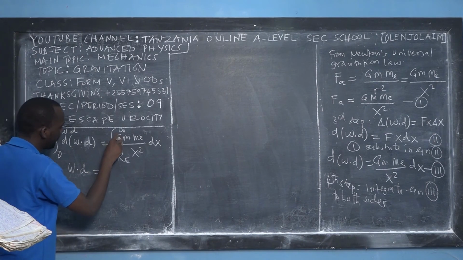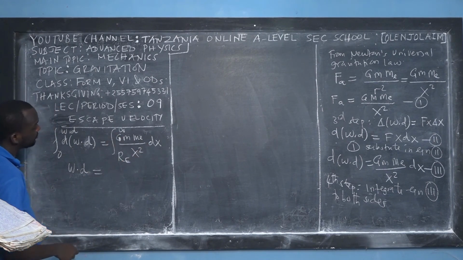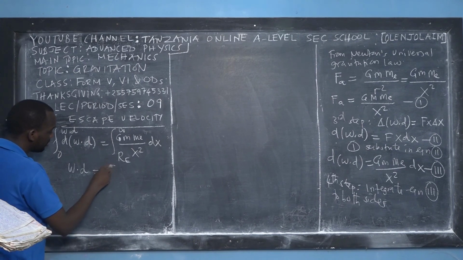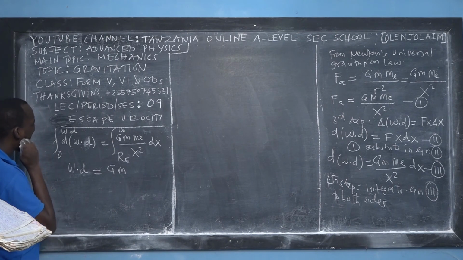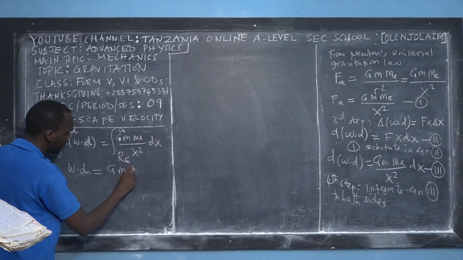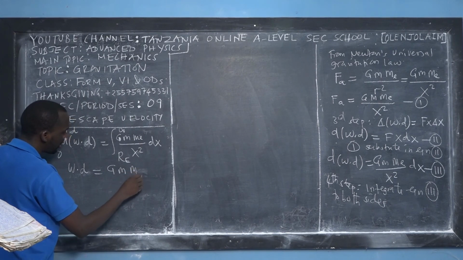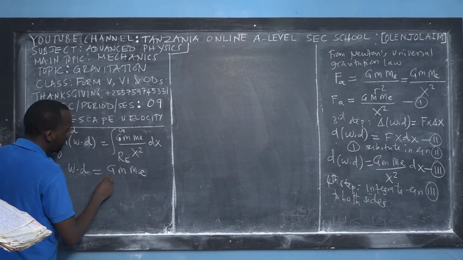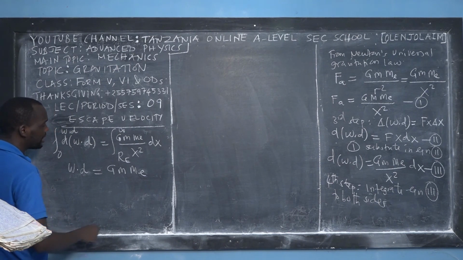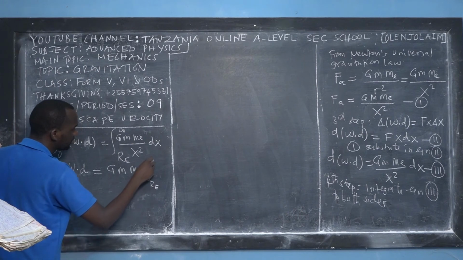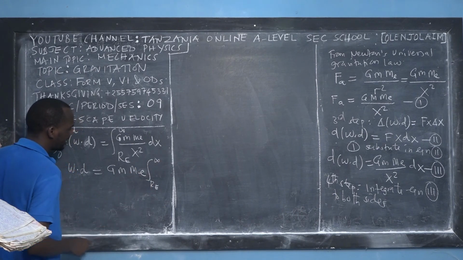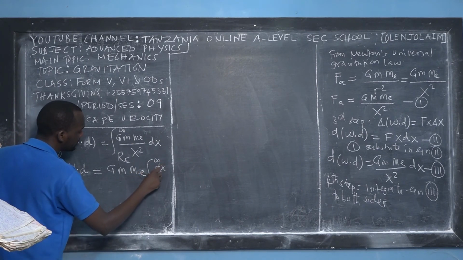Remember that all these numerators are constant. The gravitational constant is constant, the mass of the body m times the mass of the Earth is constant. The remaining is the integral from the radius of the Earth to infinity of dx over x squared.